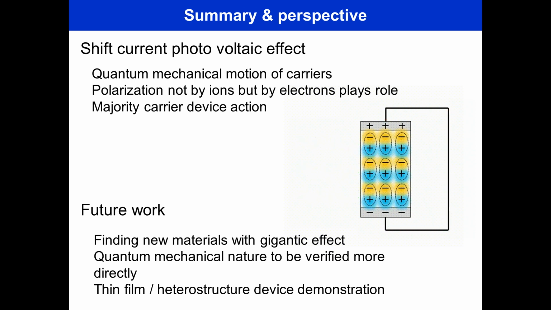At the end of the day, if we want to make this kind of effect really useful, we need to make it into a thin film and make it work when you take the lead wire of such a device. We need to demonstrate that it can generate electricity when it is exposed to actual sunlight, or that it can be converted into an electrical signal when exposed to weak laser light.